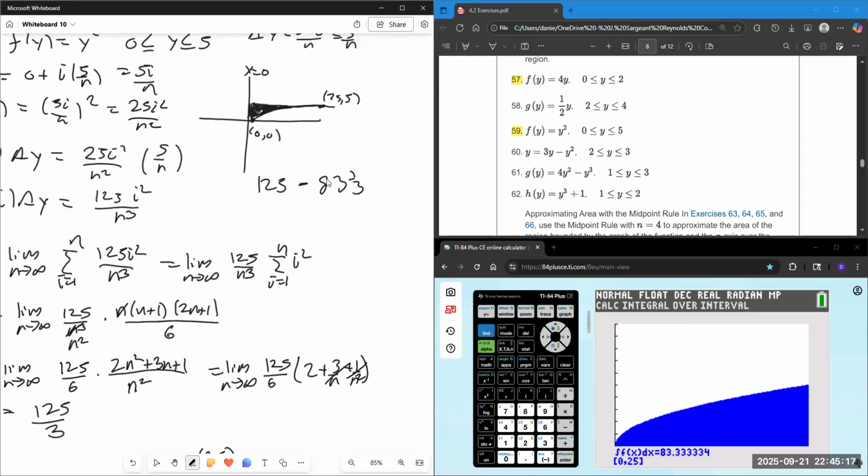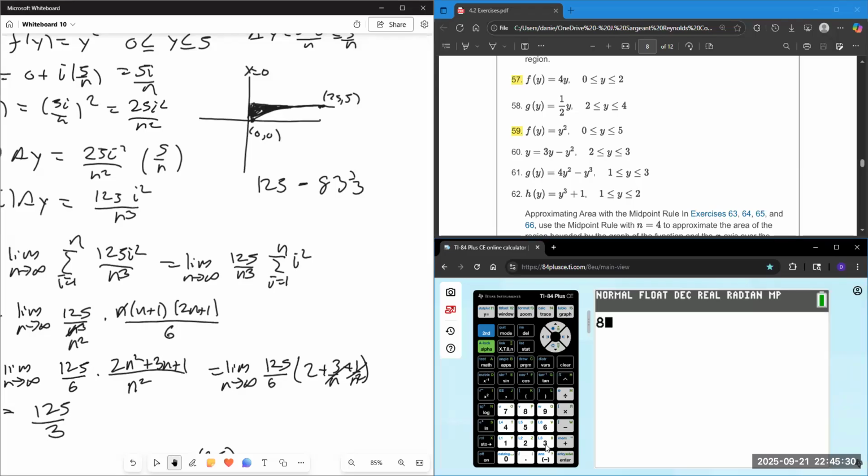So 125 is, let's see, 83 and a third. 83 times 3 plus 1 is 250. And then 375 over 3 minus 250 over 3 is 125 over 3, which is what my exact answer is.